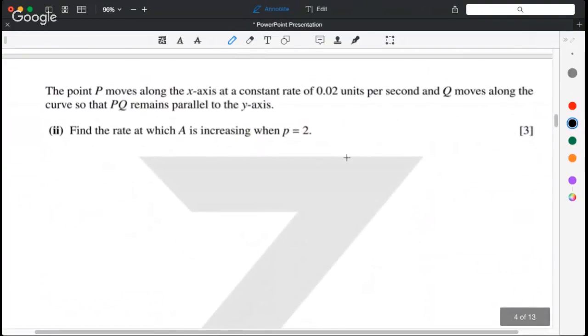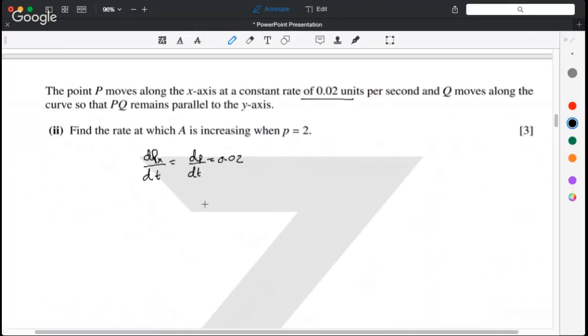So how is it changing? Well, it's changing if we say dPx/dt. Well, Px is just little p, so dp/dt, and that's equal to 0.02. So that's what we're given.